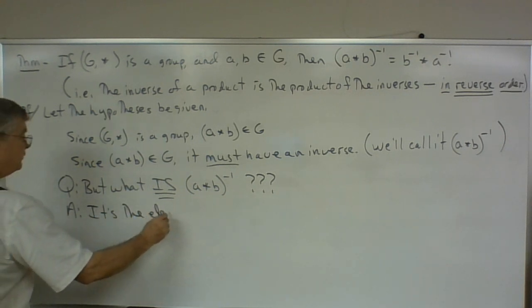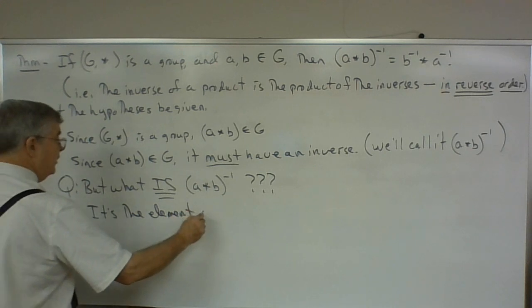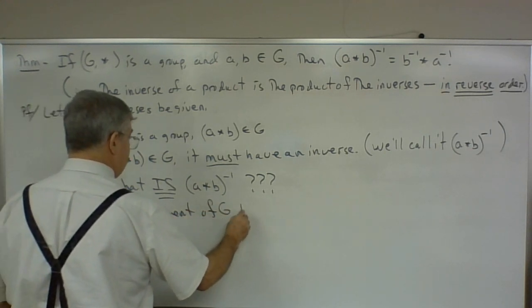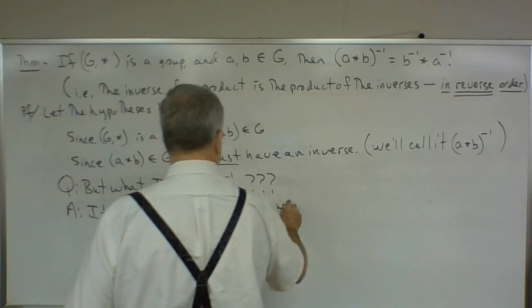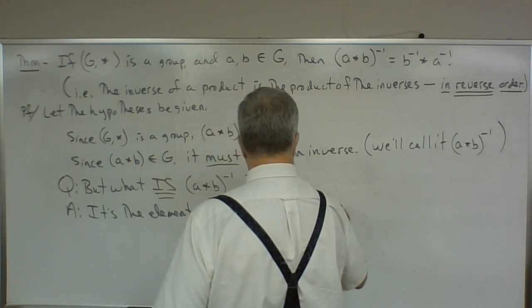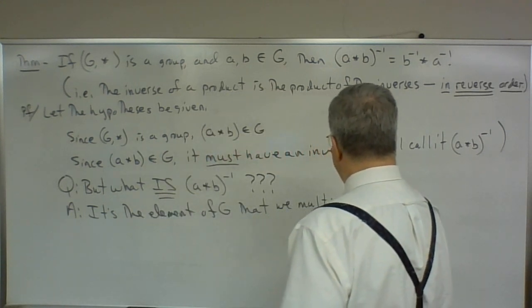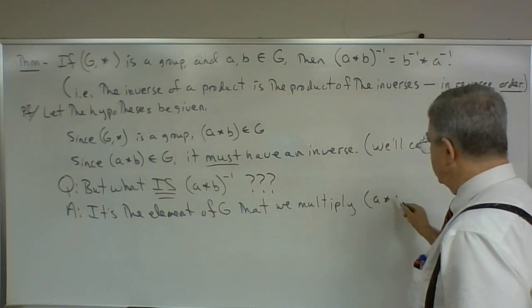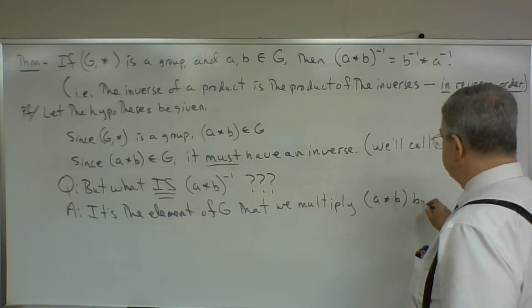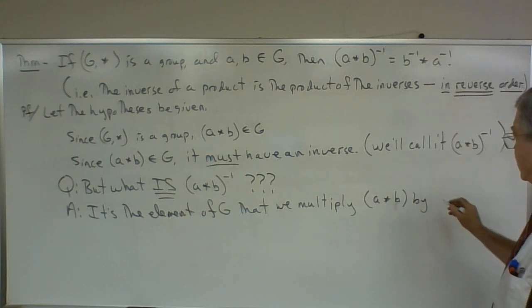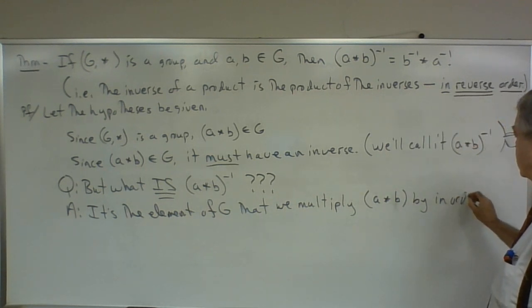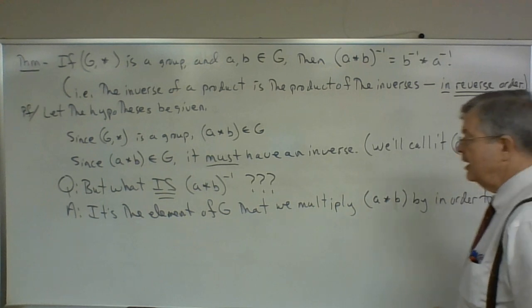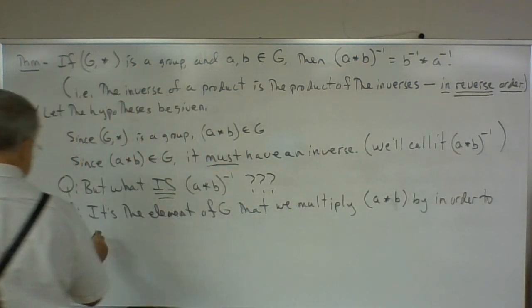It's the element of G that we multiply A star B by in order to get the identity.